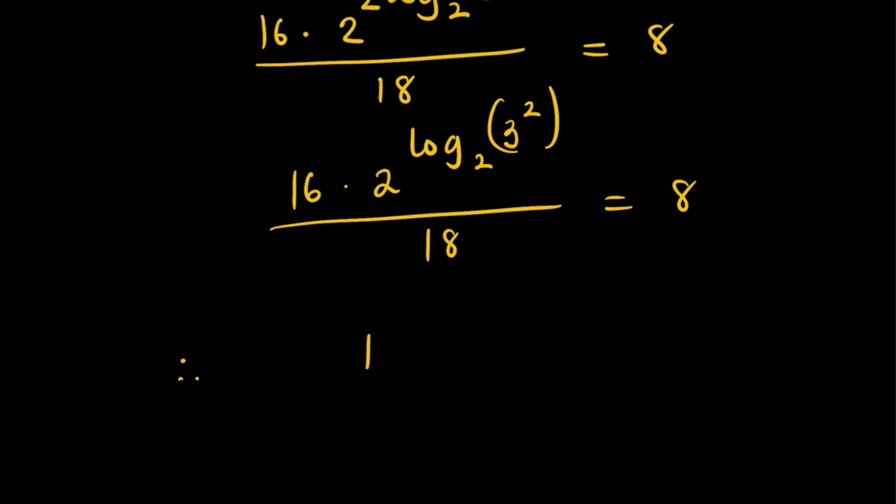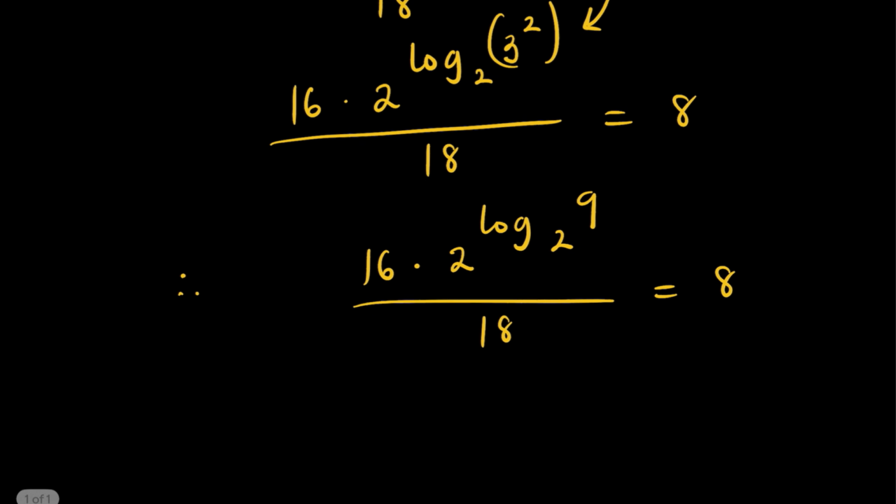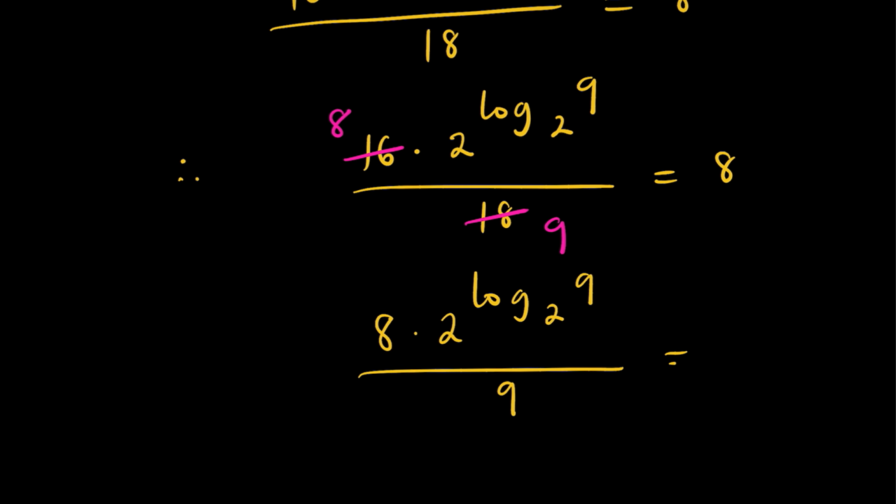Therefore, we have 16 times 2 raised to power log 3 raised to power 2 here is 9, then base 2, then divided by 18 to give us 8. 16 divided by 2 will give us 8, and 18 divided by 2 will give us 9. So this is reduced to 8 times 2 raised to power log 9 base 2, then divided by 9 equal to 8.